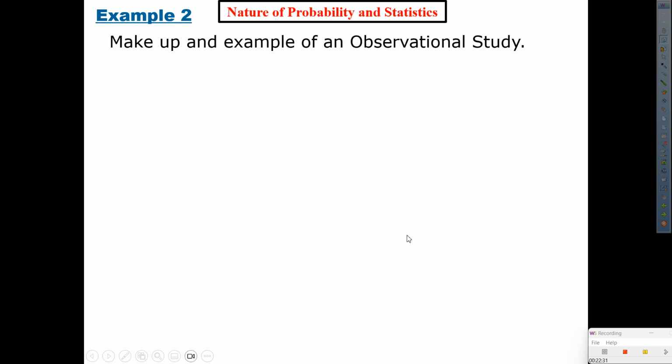So, let's go to the next one. Write this down. Example 2. You make up an example of an observational study. As soon as you're done, you can either type it or send it in on the screen.